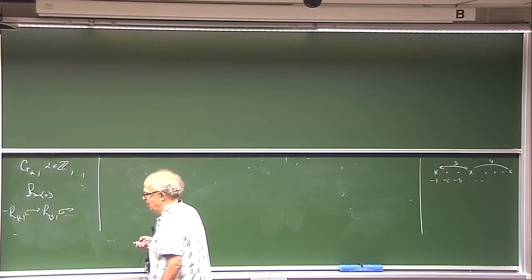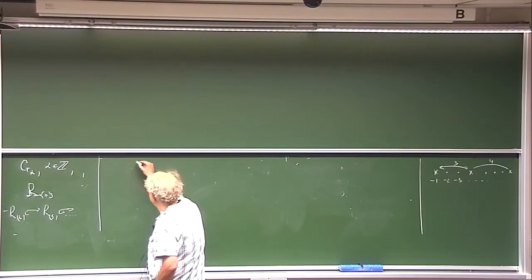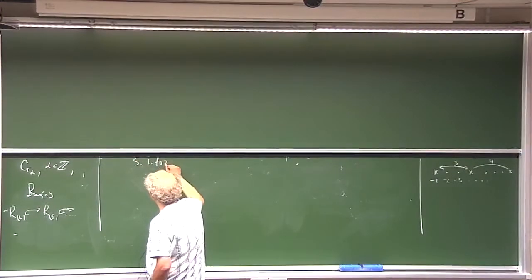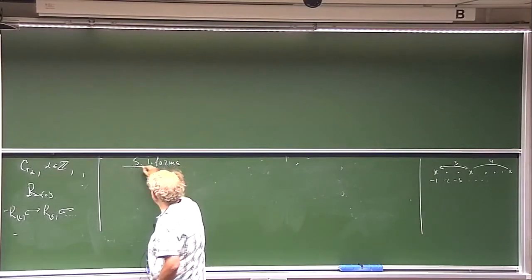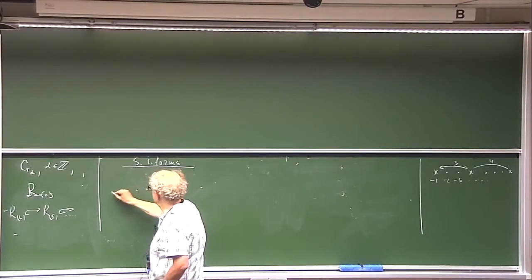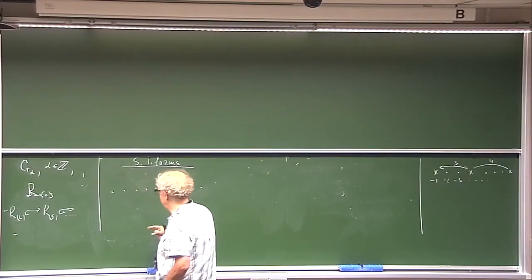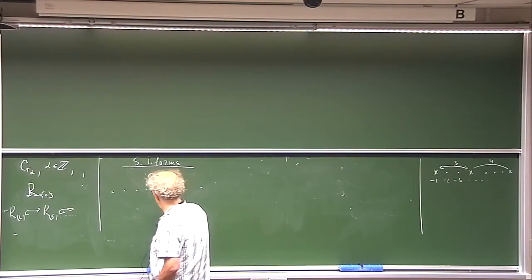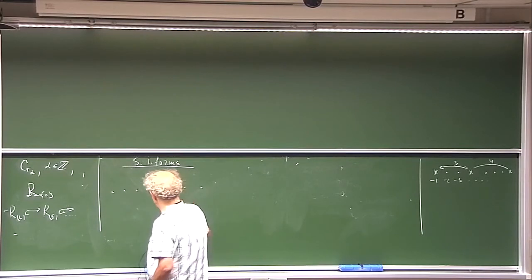I said that if we have the space of semi-infinite forms, then the basis in that space is labeled by semi-infinite configurations.